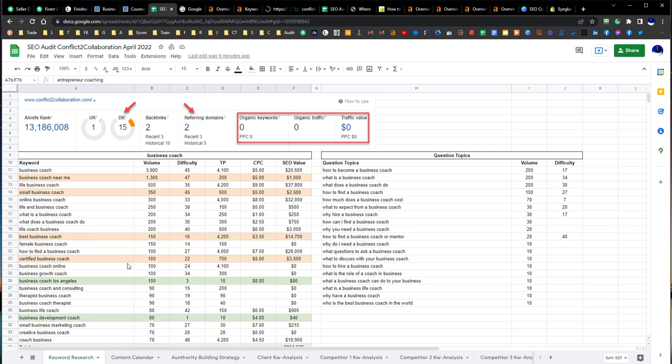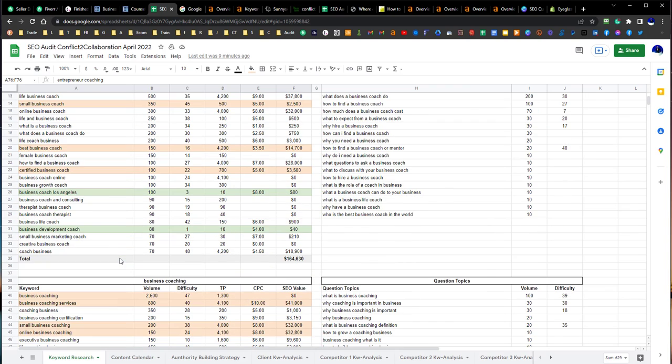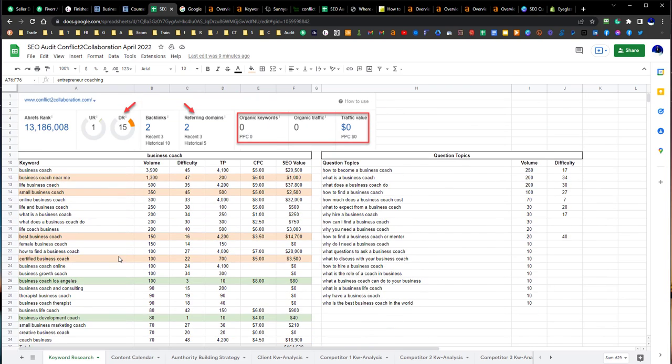So the main thing that you want to keep in mind is that you want to go after keywords that are on the lower spectrum of difficulty. So every single word or query on the internet, whether it is a keyword or a question, has a couple of components to it.